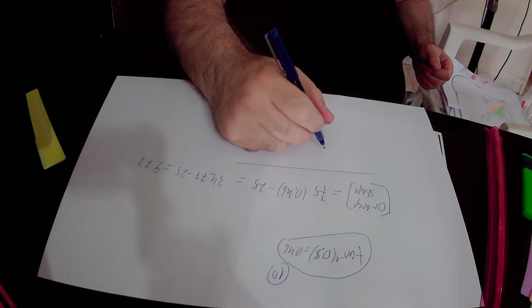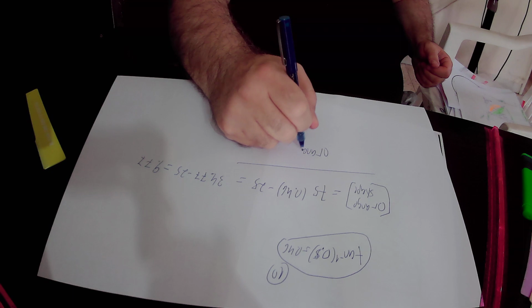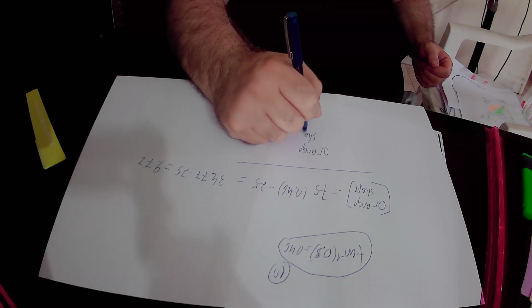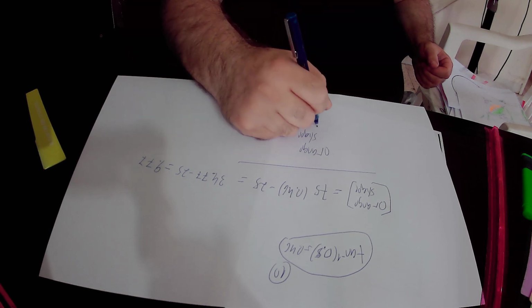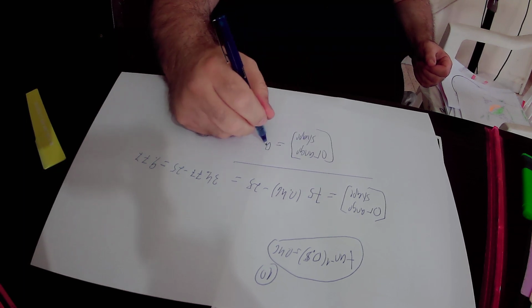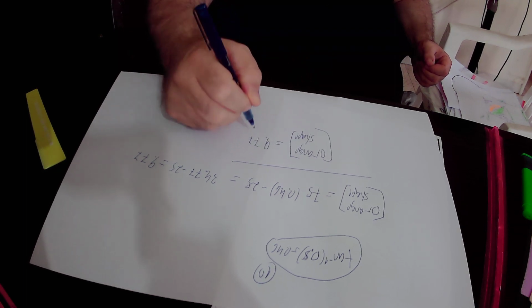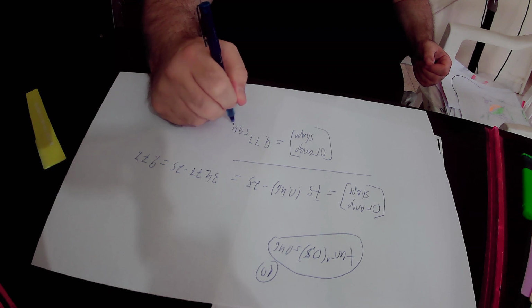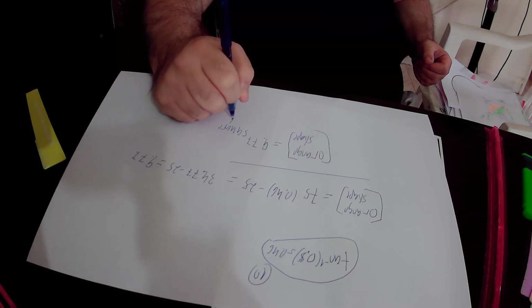So in conclusion, we found out that the area of the orange shape equals 9.77 square units.